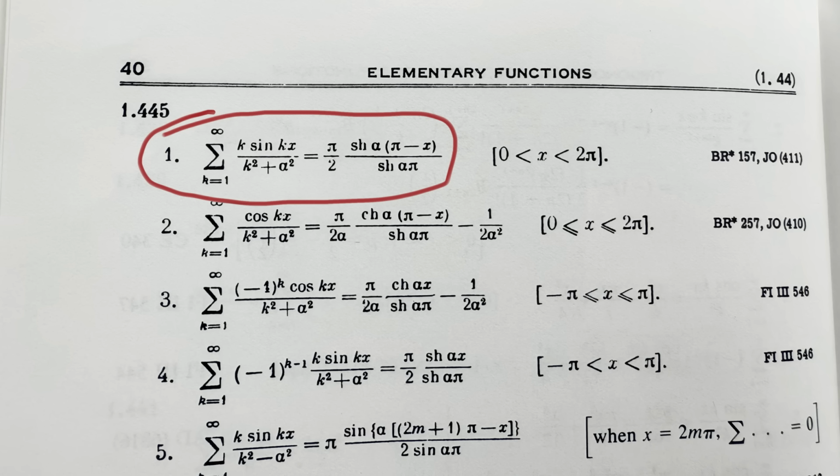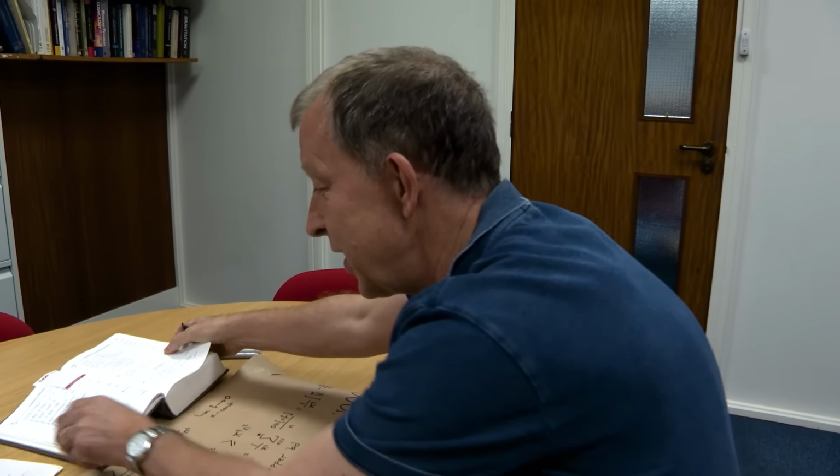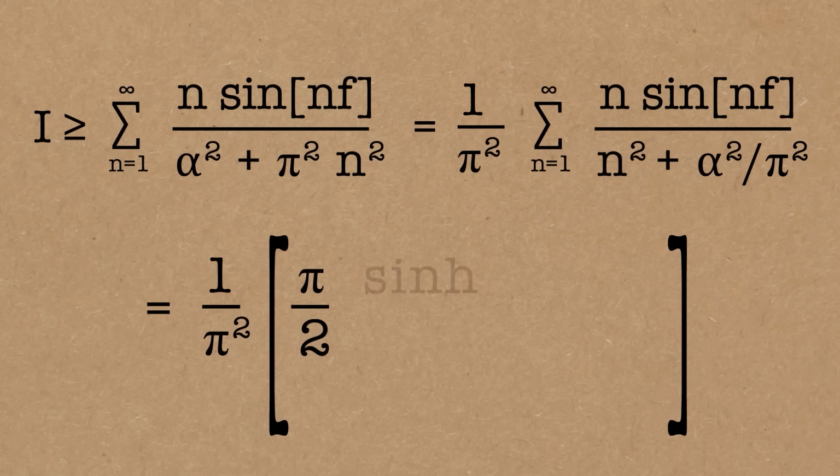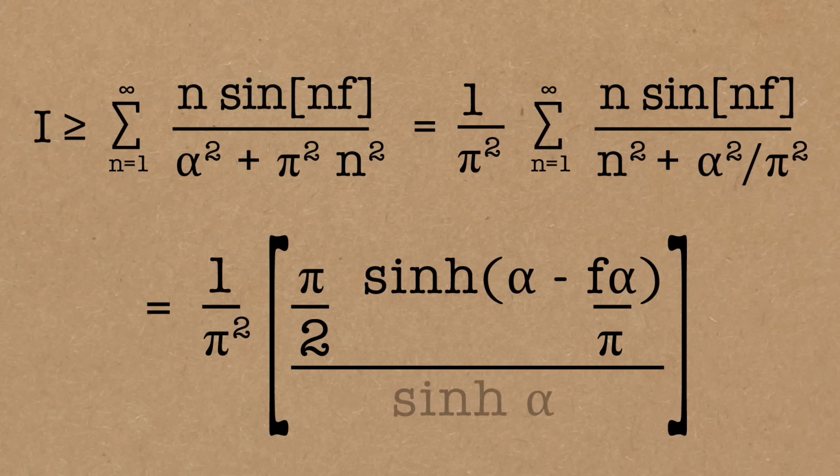This is equal to a fixed function as well. It's a known function. So this actually is equal to 1 over pi squared into pi over 2 times by a sinh, not a sine, sinh of alpha minus f alpha over pi divided by sinh of alpha. So that's what this sum is equal to.